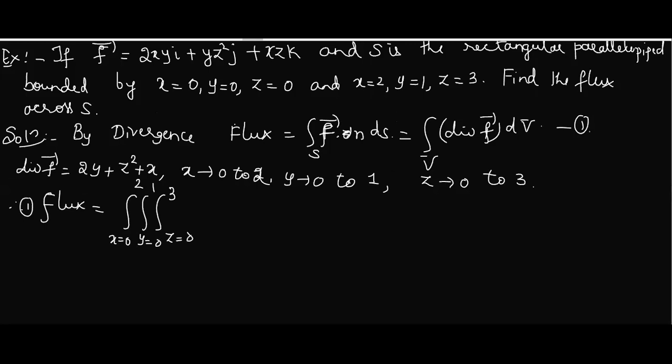Divergence f is 2y plus z square plus x. Sorry, not 3, it is x, no? Take x. dz dy dx.